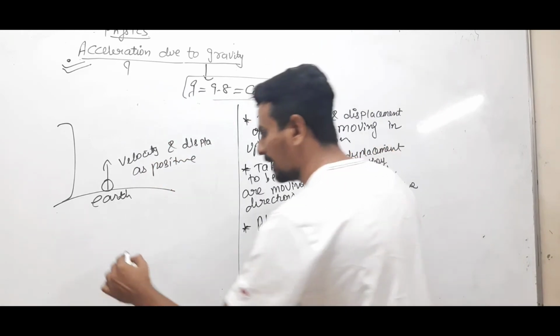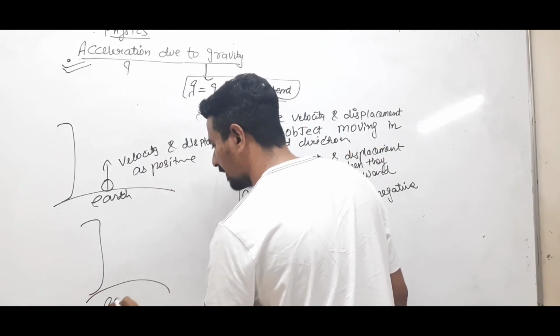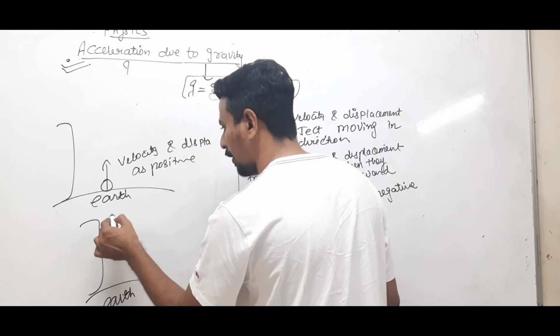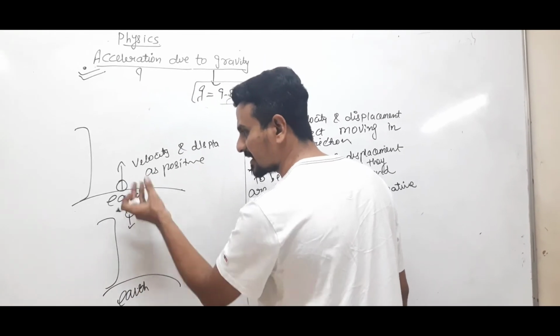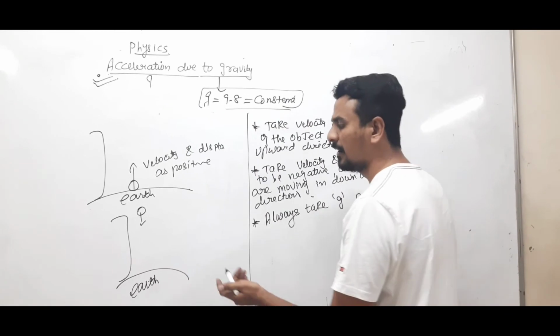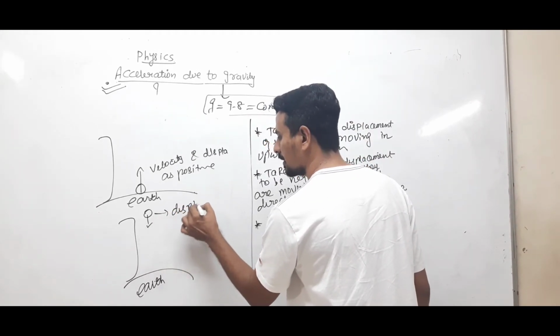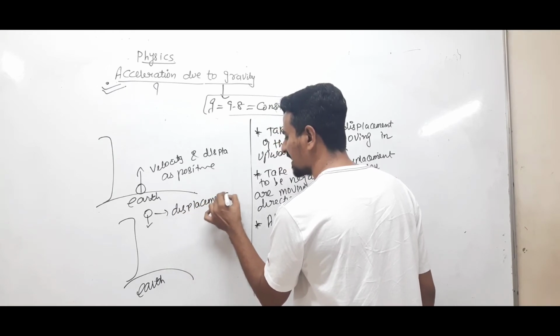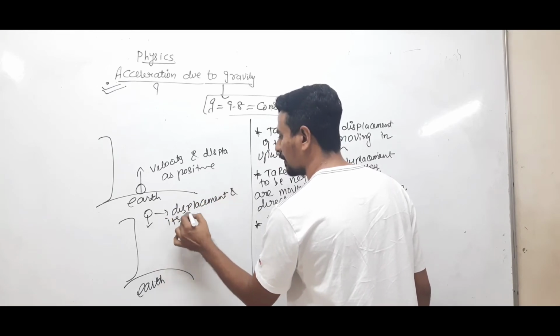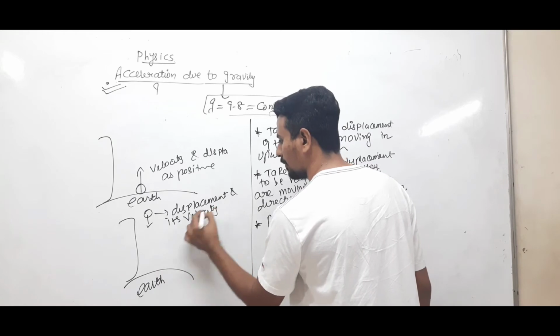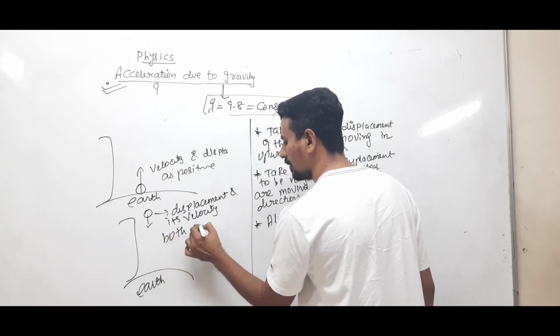If the object is performing free fall, that is, it is coming in downward direction, then the displacement of this object and its velocity both are taken negative.